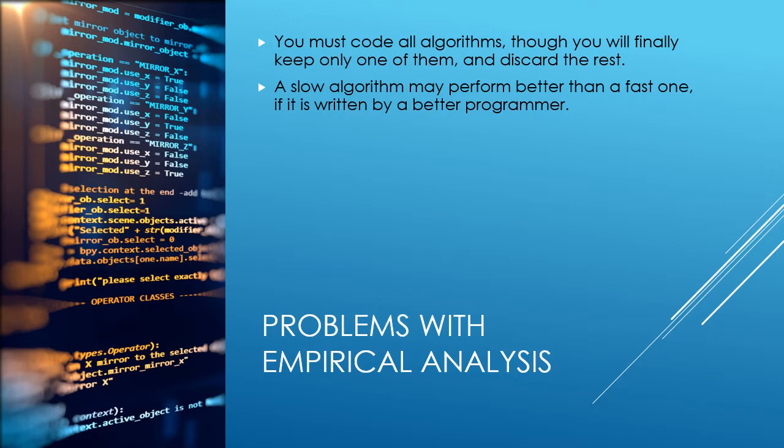This means that the programmer's skill will influence the results of the analysis. If all algorithms are programmed by the same person, even then the programmer might like one algorithm more than the others, and this bias may lead him to code this algorithm in a better way, ultimately affecting the results.